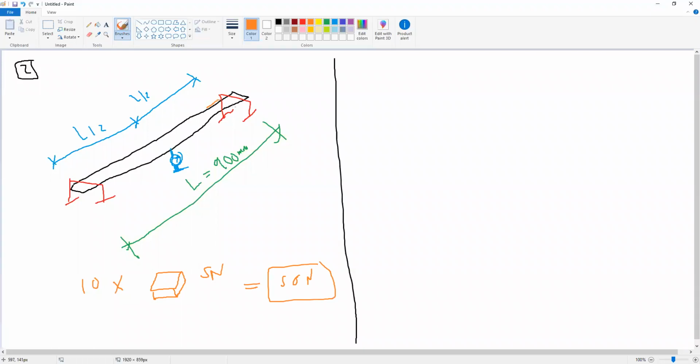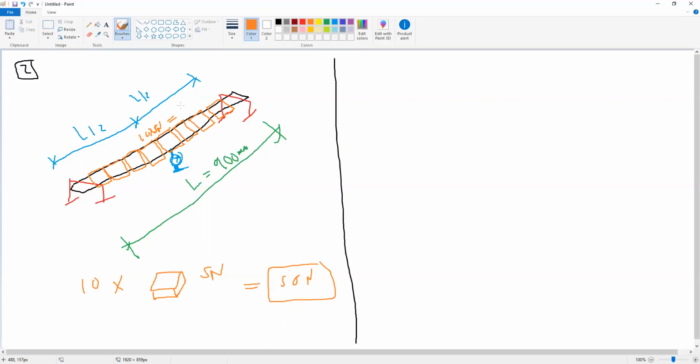We will just distribute the weights over the length. Just put them beside each other to spread the load over the length. Okay, and the width of the load is calculated to be nearly distributed over the beam. Each one of them is 5 Newton, and we have 10 of them.